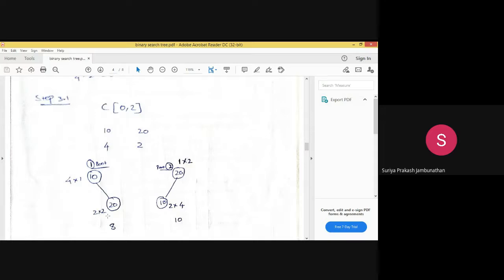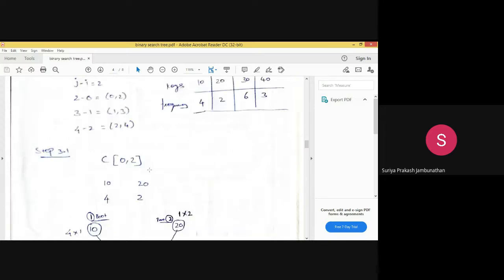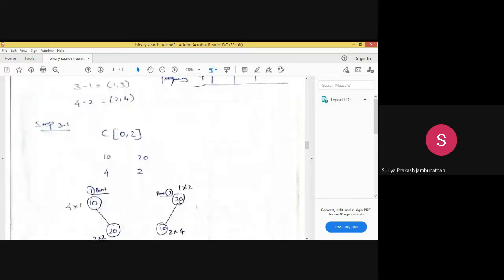So we do 4 into 1 and 2 into 2: 4 into 1 is 4, 2 into 2 is 4, so 4 plus 4 gives 8 as the answer. So for this particular 10 the root is 1. Whatever root value we have, that we write here.